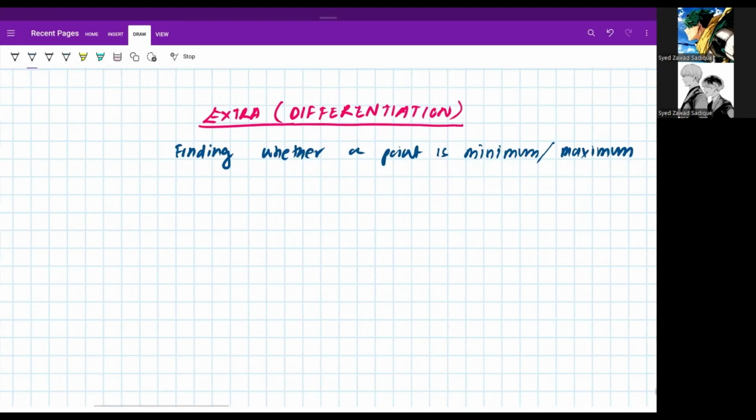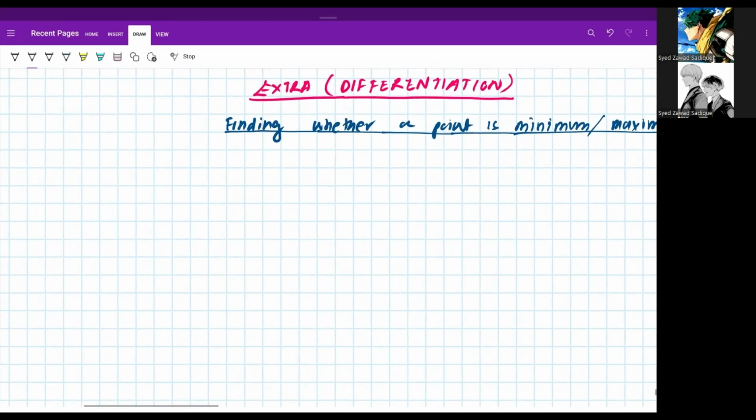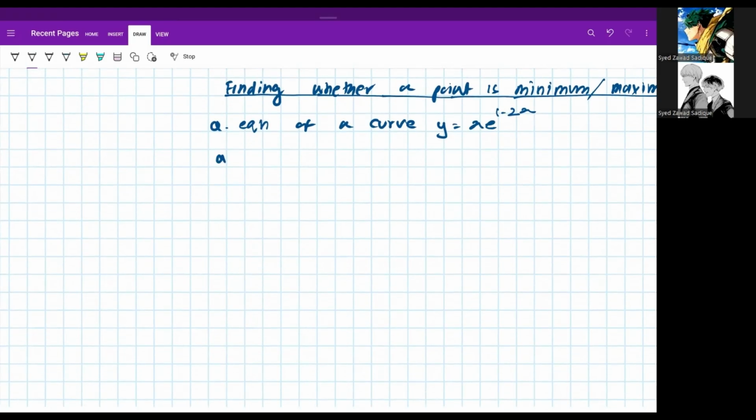Okay. Now we know. So let's say a question. Okay. Question. Let's say it's given the equation of a curve y is equals to x e to the power 1 minus 2x. A. Find the coordinate of stationary points.